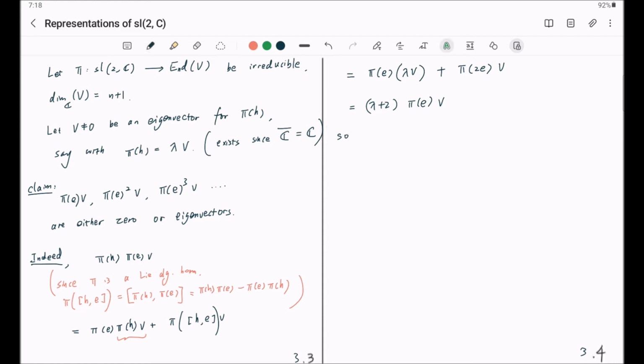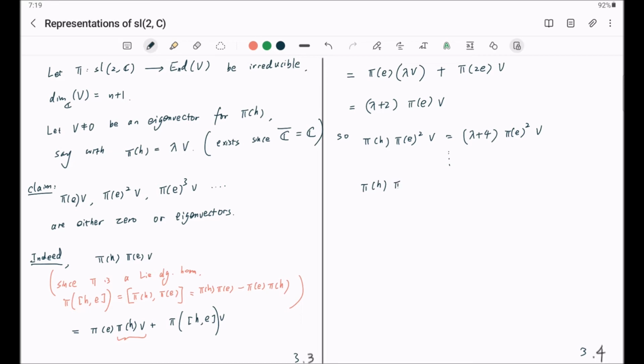So if we repeat this procedure, what is pi of h applied to pi of e squared applied to V? This is going to be lambda plus 4 times pi of e squared applied to V. And you keep going.